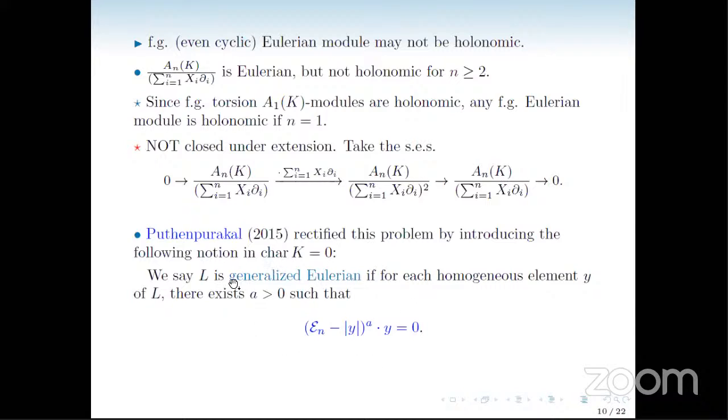So we say a module N is generalized Eulerian if for each homogeneous element y of the module there exists some positive integer a such that it satisfies this equation. Here this a depends on y. So again this quotient ring is generalized Eulerian if some power of the Euler operator lies inside this ideal J for some a strictly greater than 0. Here notice that if a is not equal to 1, then this is a generalized Eulerian module, but this is not an Eulerian module.